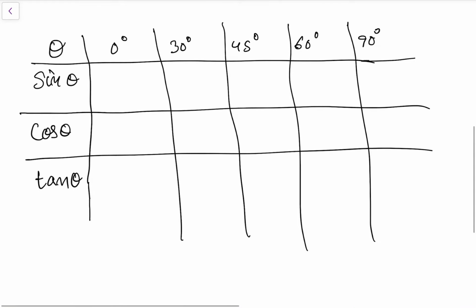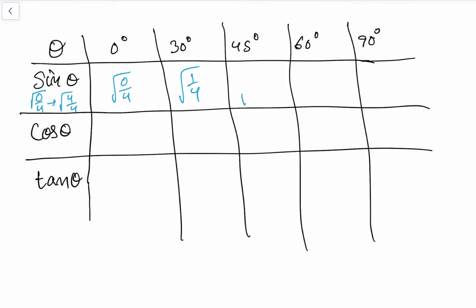So for sin theta, we know this value is increasing from square root 0 by 4 to square root 4 by 4. So we can simply write root 0 by 4, square root 1 by 4, square root 2 by 4, square root 3 by 4, and square root 4 by 4.